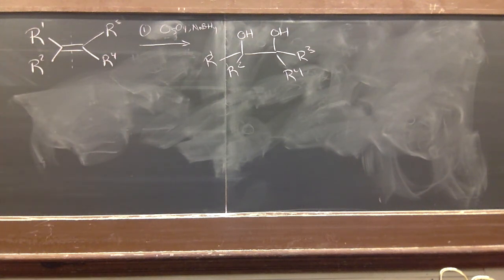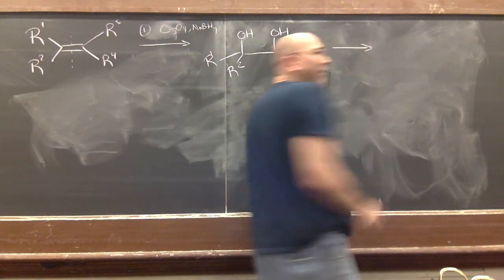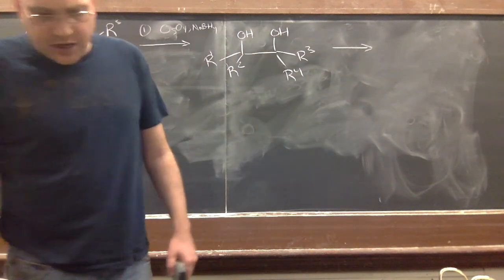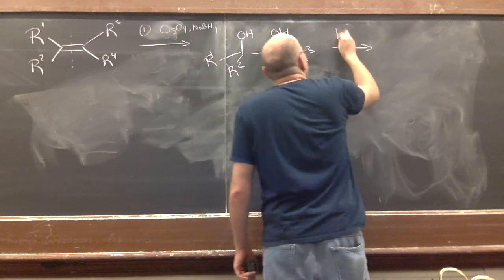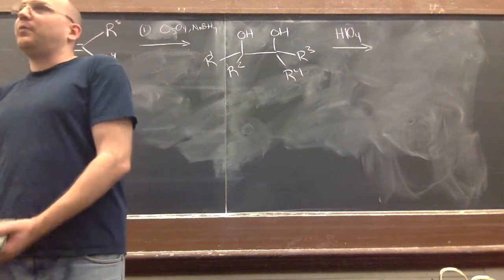So this is a reaction that you guys know. It turns out that if you take this and treat it with a reagent called periodic acid, which is HIO4, you will actually get to those same ozonolysis products.